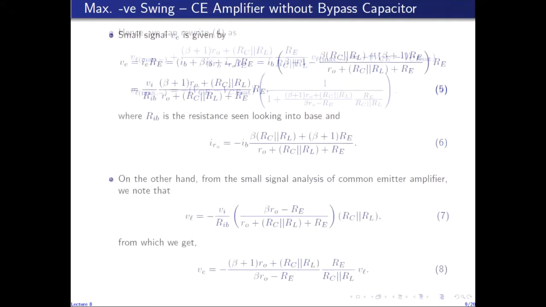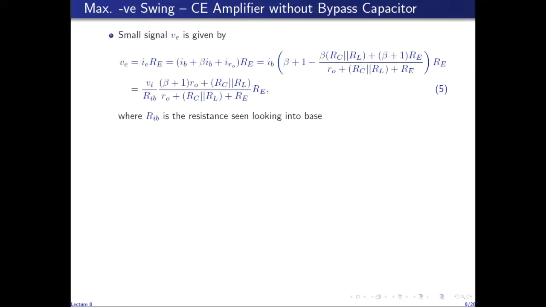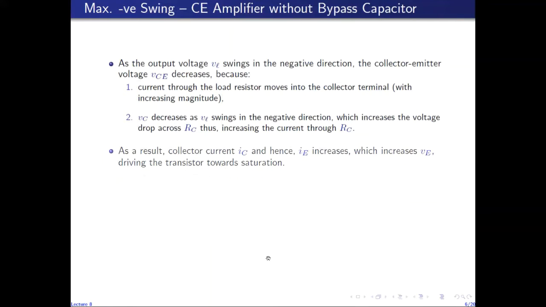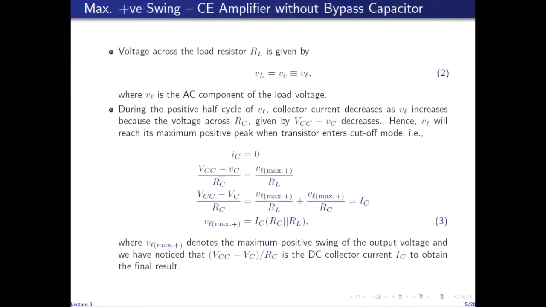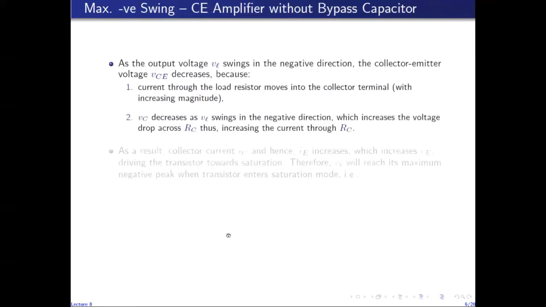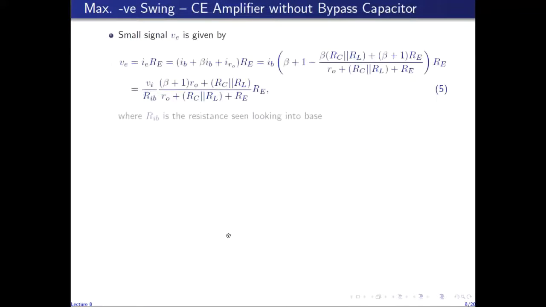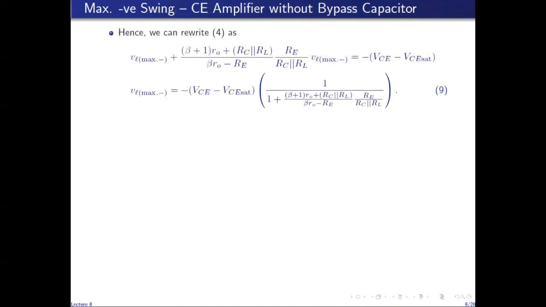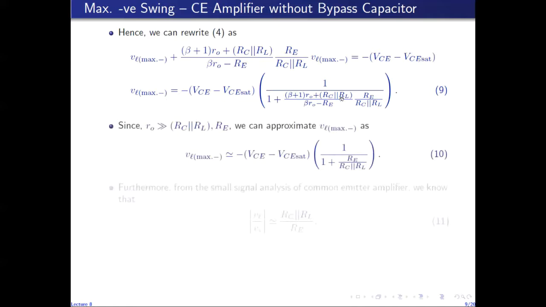We obtained VL maximum positive like this. For the common emitter amplifier, since there is no RE, this remains the same. And in this expression for VL maximum negative that we obtained for the common emitter configuration without bypass capacitor, if I replace RE with 0, this term becomes 0 and this factor becomes 1.